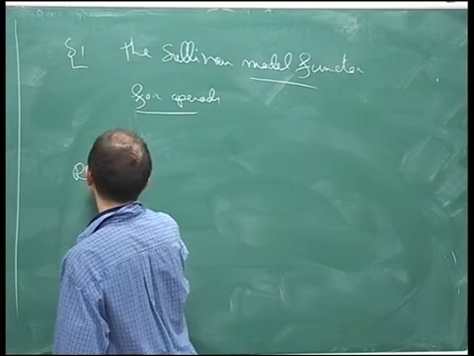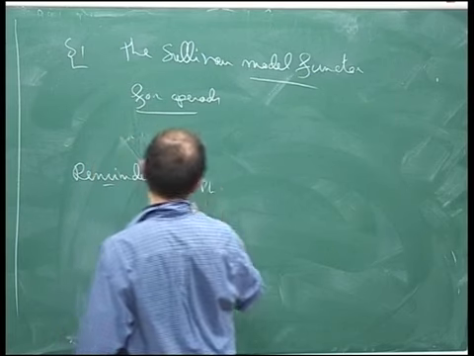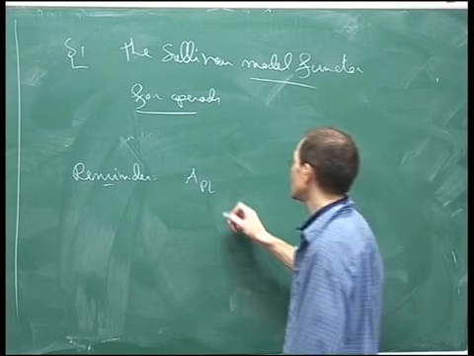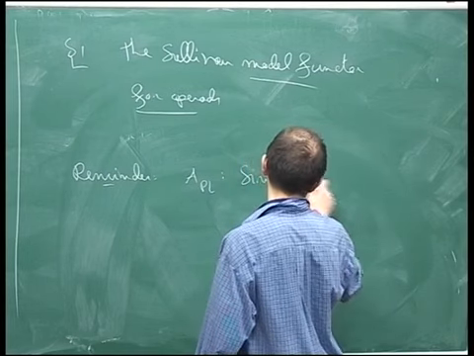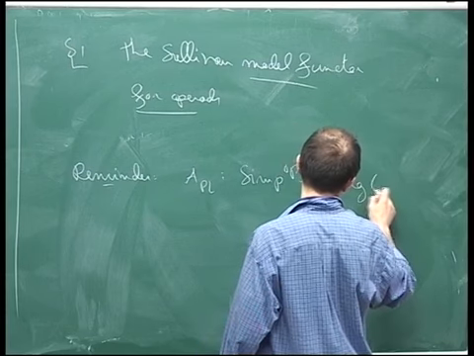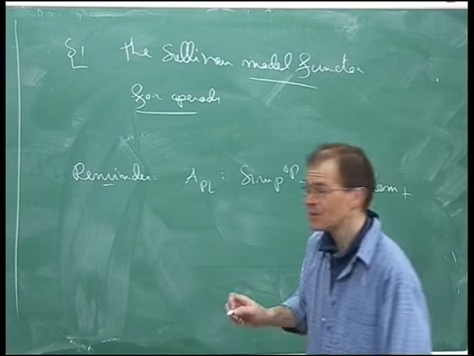So, reminder. I have this functor of piecewise linear differential forms from the opposite of the category of simplicial sets to the category of DG commutative algebras. This functor is not symmetric monoidal.